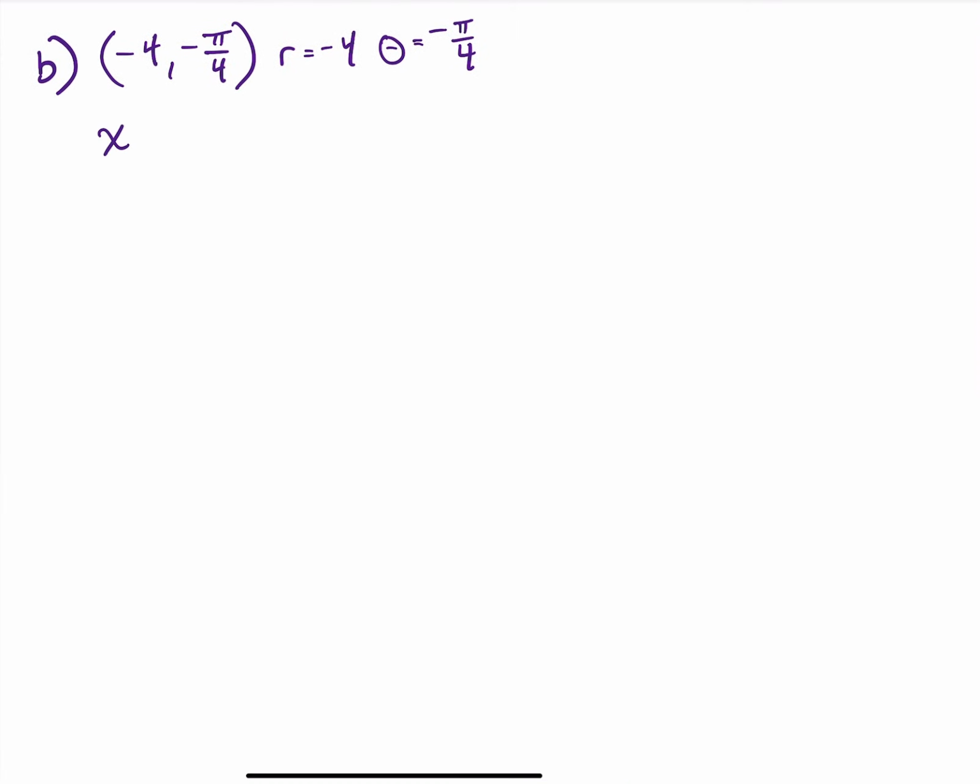So our x coordinate will be, again, r cosine theta. So that will be -4 times the cosine of negative pi over 4.